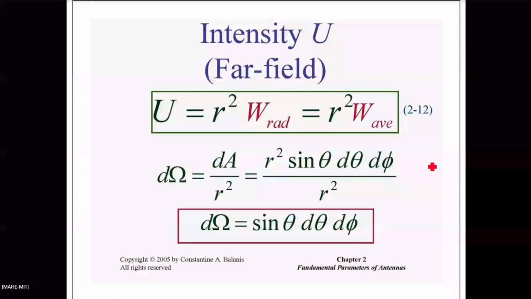See, power radiated in a given direction. How do you find out power radiated in a given direction? You have W average into area. Area is R square sin theta d phi.